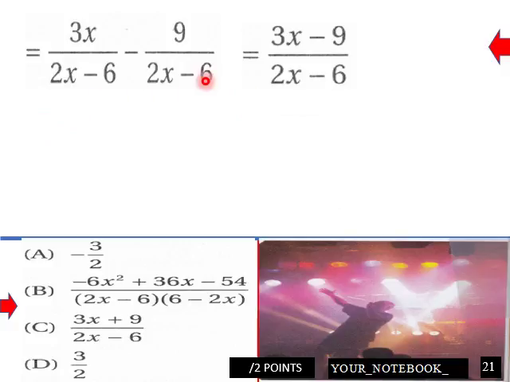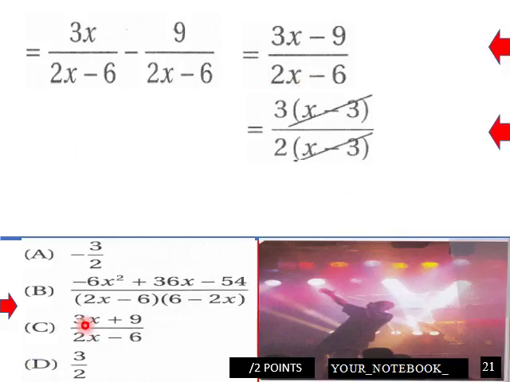And then to do that, we come up with this negative sign here, and then we combine with 3x minus 9 over 2x minus 6. Then we can factor out x minus 3 out of both of these, and then we come up with 3 over 2. So that would be how you would do that, just by manipulating negative signs between two binomials.